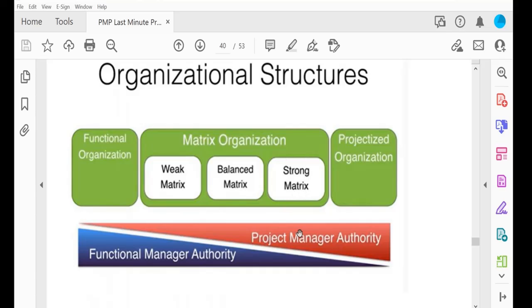But in the strong matrix, the functional manager is weak, he cannot neglect it, he has to fulfill the requirement.